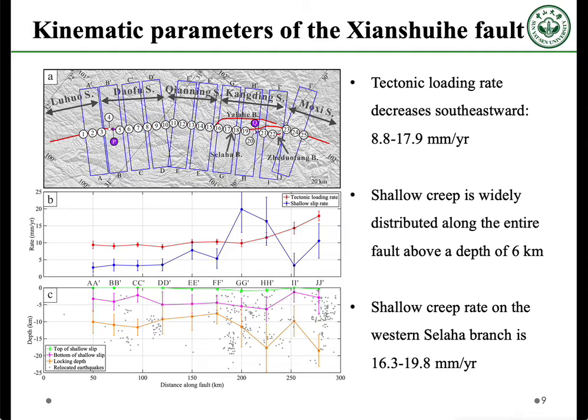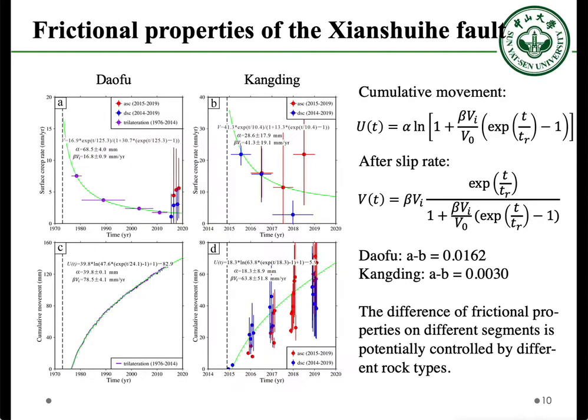Shallow creep rate on the western Selaha branch is 6.3 to 19.8 mm per year, higher than the tectonic loading rate, indicating that the creep is after-slip following the 2014 Kangding earthquakes.